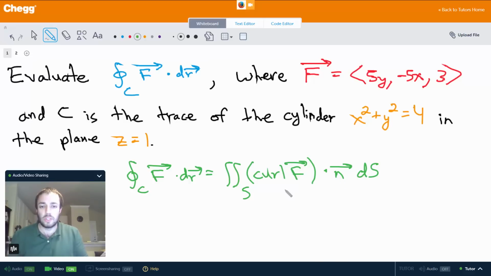In order to understand this, we have to know what S is. S is the corresponding surface for our C. If C is the trace of the cylinder x squared plus y squared equals 4 in the plane z equals 1, then S is the entire disk.